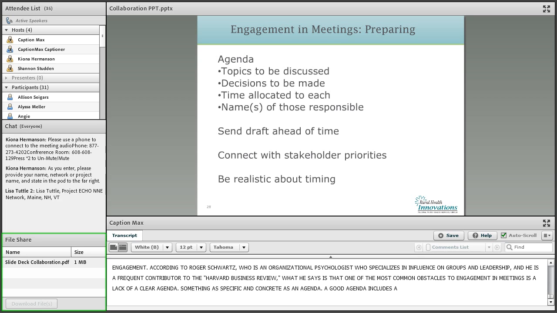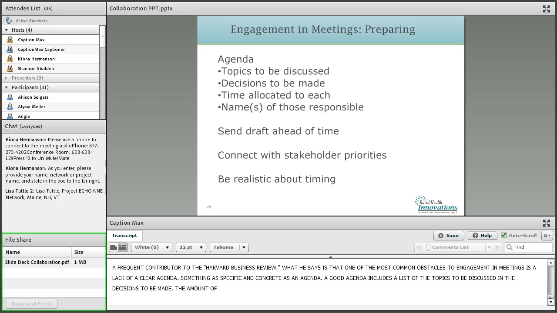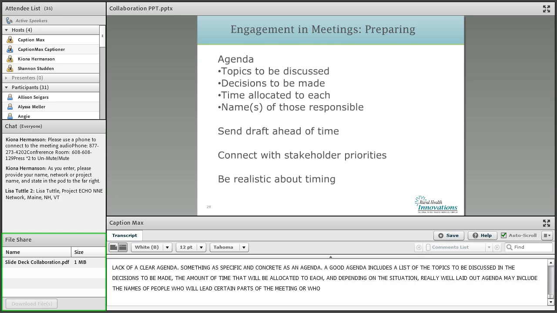Oh my gosh, hopefully by the end of this we will give you some tools that will help move the needle on that one. I suspect that some of this may be an outcome of having people participate remotely, which is an even bigger challenge in getting engagement in meetings, and we'll talk about that in a little bit.